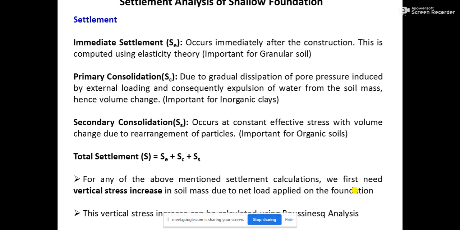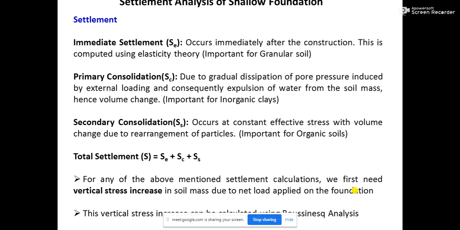That means in a purely non-cohesive soil, you may expect a good amount of immediate settlement occurring. Where the computation is based on immediate settlement, the soil needs to be granular in nature.